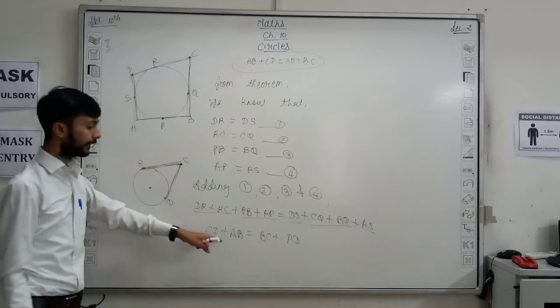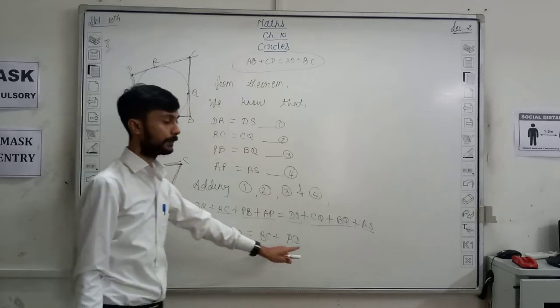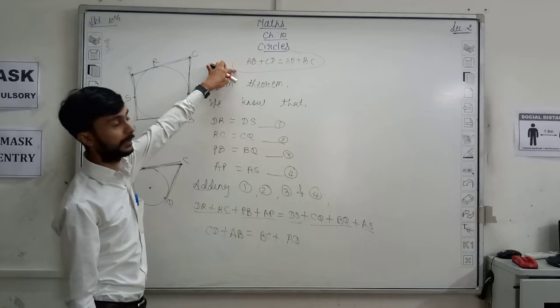So you can see AB plus CD equals to BC plus AD.